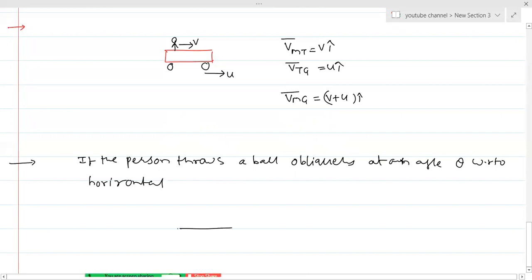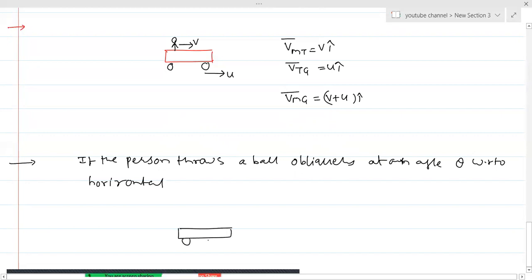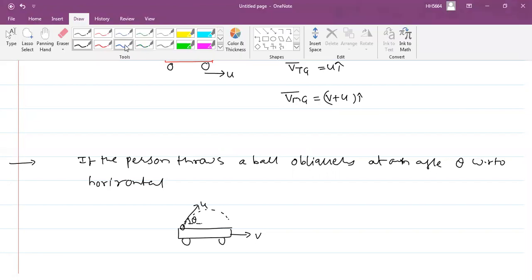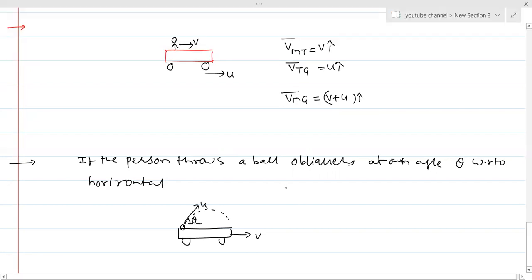So for example, we have a truck that is moving with a speed v, let us say, and we are throwing a body obliquely at an angle theta and with a speed u. So then we need the velocity of the body with respect to ground.